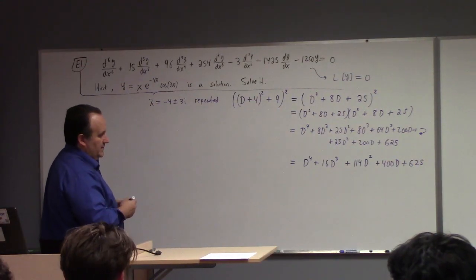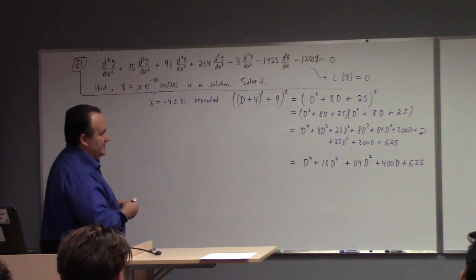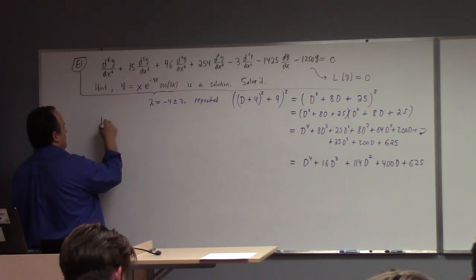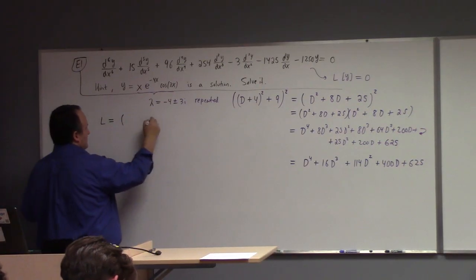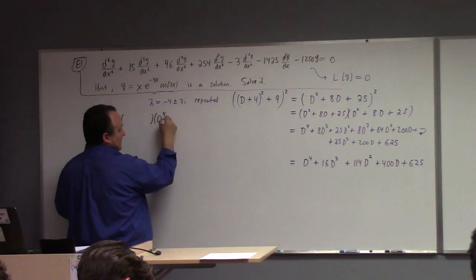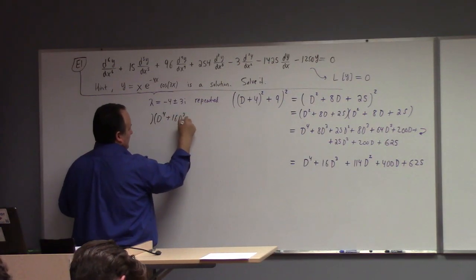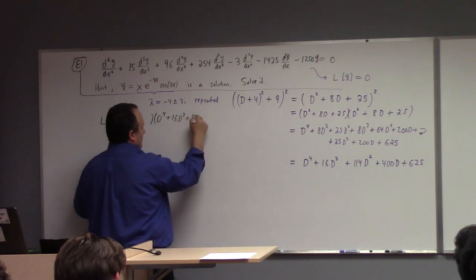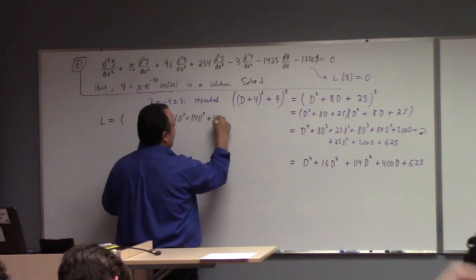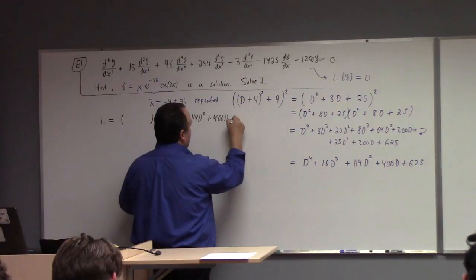So formally, what do I want to do? I know that L is equal to something times this thing, d to the fourth plus 16d cubed plus 114d squared. If you see an error, now would be the time to tell me about it. 400d plus 625.